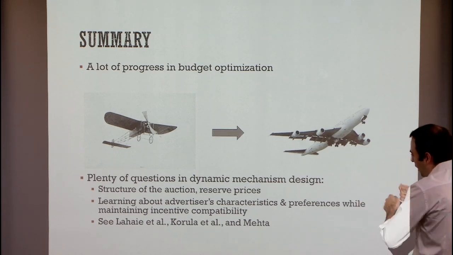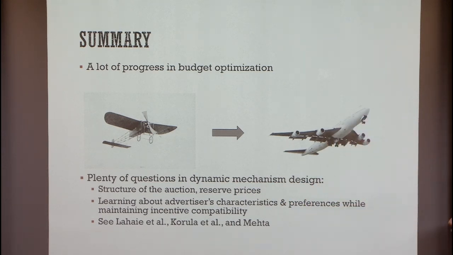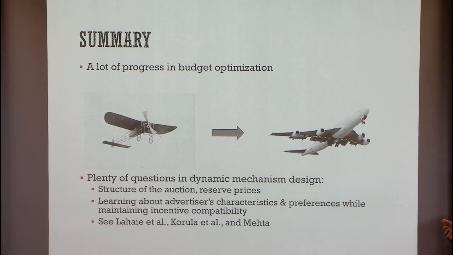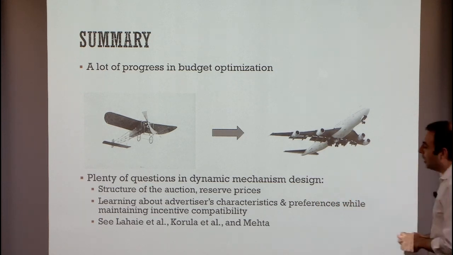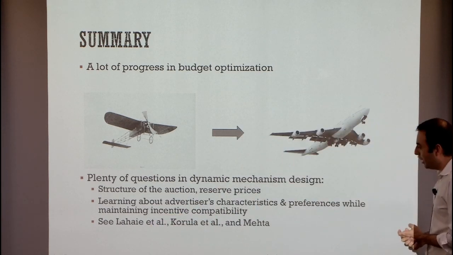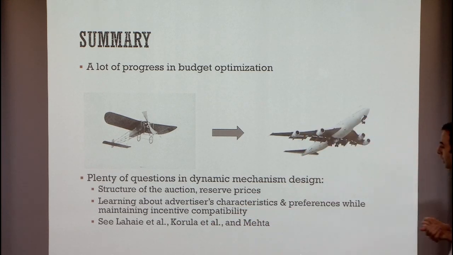In the mixture of learning, optimization and mechanism design, there are quite a lot of interesting problems. There are surveys written. We wrote a book chapter in Algorithmic Game Theory on the subject. There are these two, the Kurula et al. and Mehta from Google, which also have plenty of interesting research problems.